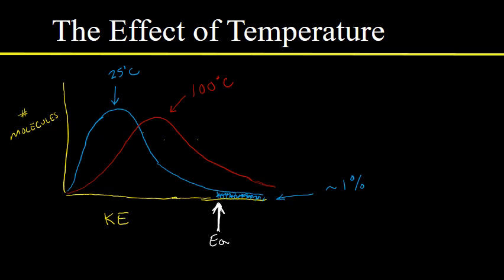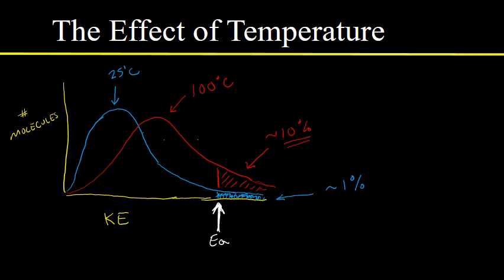And if you compare that to the sample at 100 degrees Celsius, those with sufficient energy to overcome the activation energy barrier are these over here, and that might be, you know, perhaps 10%, right? Again, that's going to depend on the temperature, the activation energy, and things like that.